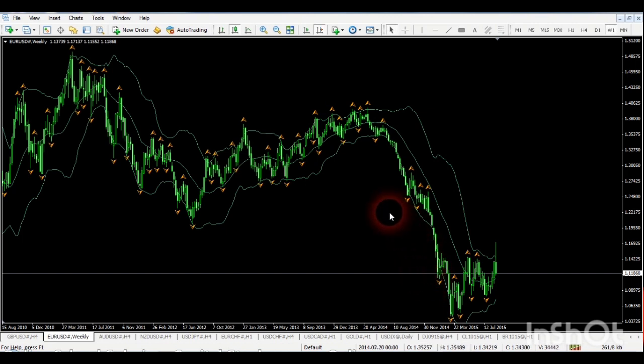These Bollinger Bands are created from moving averages. We call these moving averages. Each one of them announces a message to you.